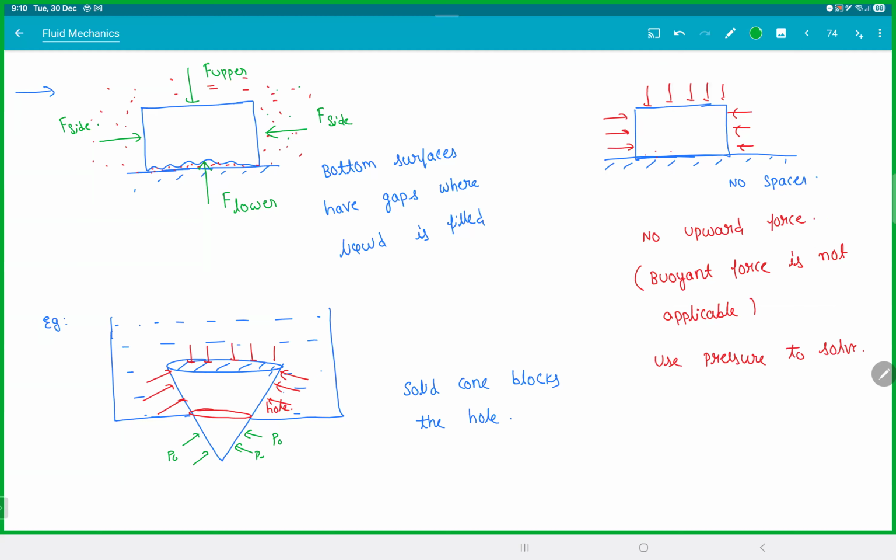So generally you can remember it like this. If your lower surface is not covered with the fluid, you can't apply buoyant force. Generally, you can create some exceptions, but I'm not sure. Never seen a case so far. There might be some. Generally, buoyant force is not applicable. You will know this when you do a few problems, right?